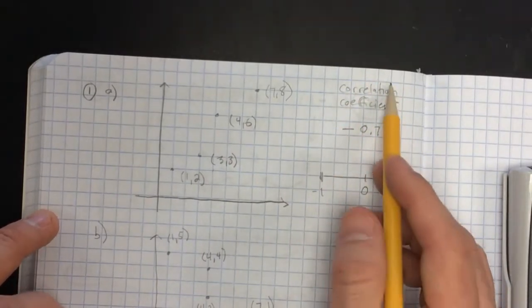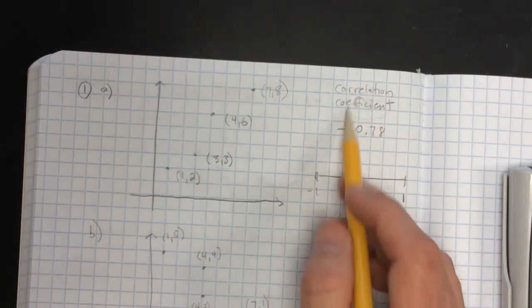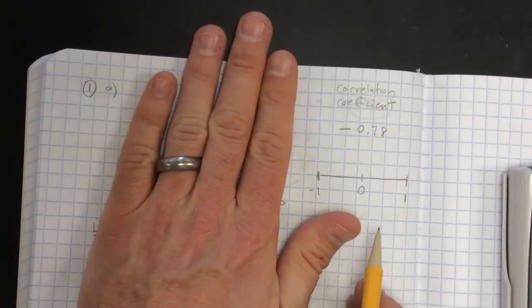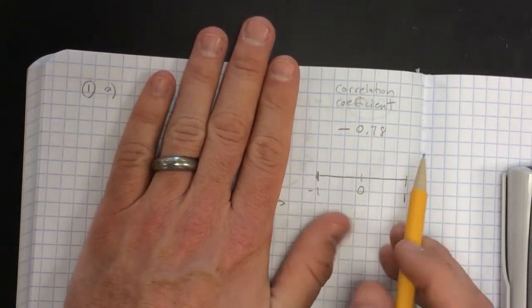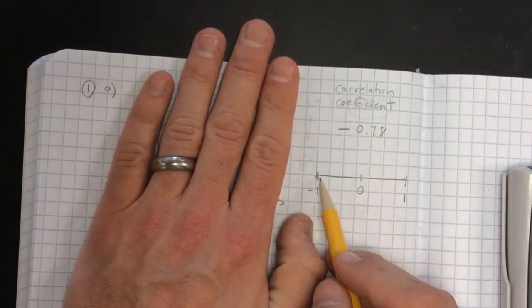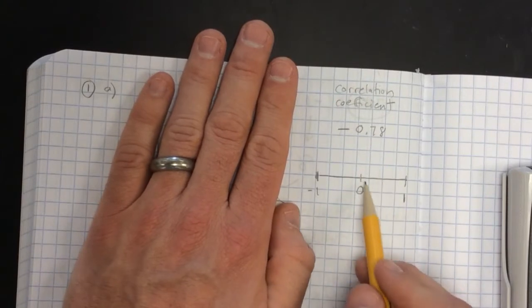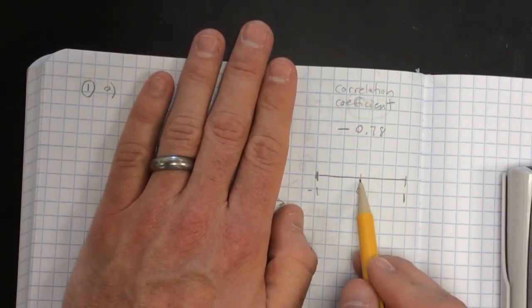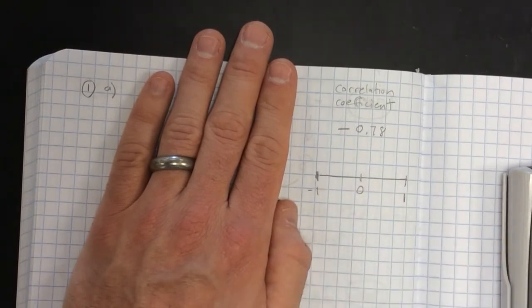So here's an example of a possible correlation coefficient. Now this one does not relate to this graph at all. It's just an example of what a correlation coefficient might be. Again, a correlation coefficient is a number between -1 and 1. So it's either a positive correlation, from 0 to 1, or a negative correlation between 0 and -1.